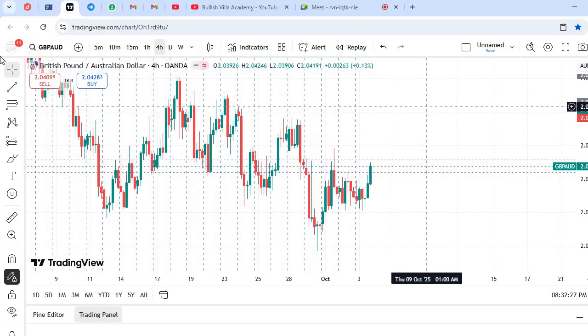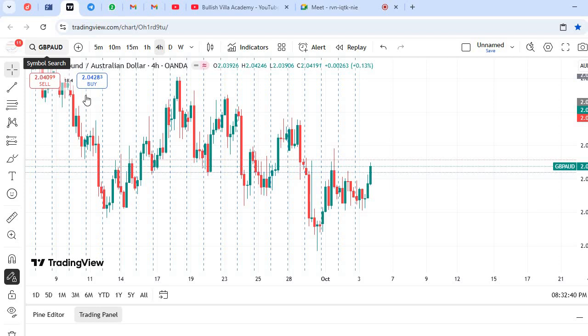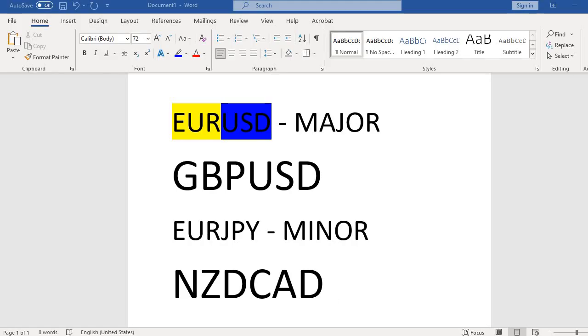Or should I come again? Let me come again. If you are buying a currency pair, you are saying that the base currency will get strengthened, while the quote currency will get weaker. If you are buying any currency pair, you are saying that the base currency, which is GBP in GBP AUD, will get stronger.